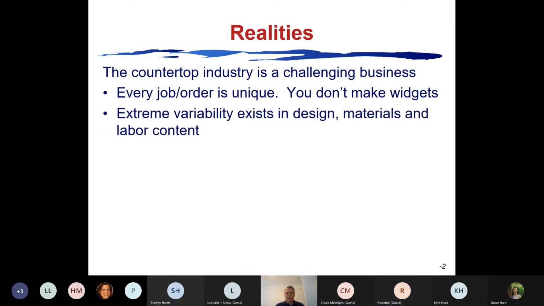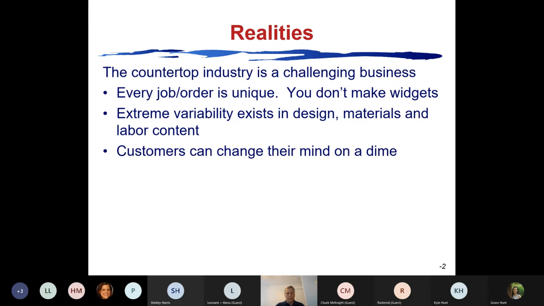There is extreme variability in design, materials, and labor content in the orders that you process through your business. And if you don't have a system to deal with that, then you're fighting fires all day, every day. Customers change their mind on a dime. We know that.